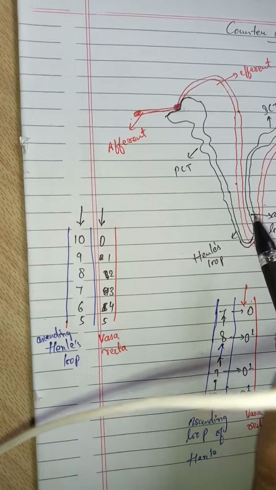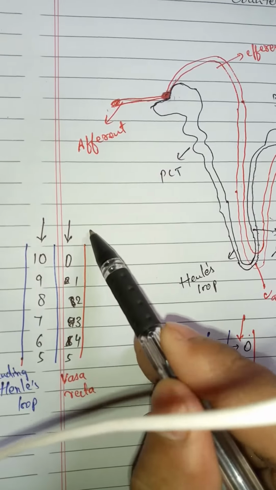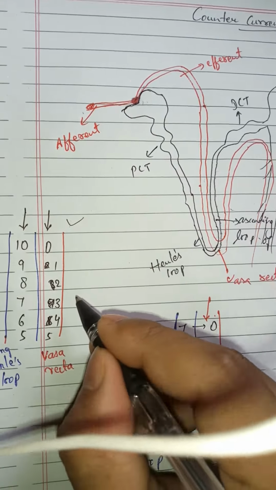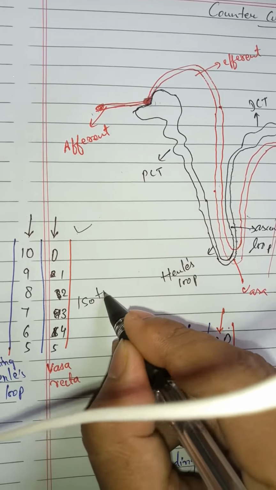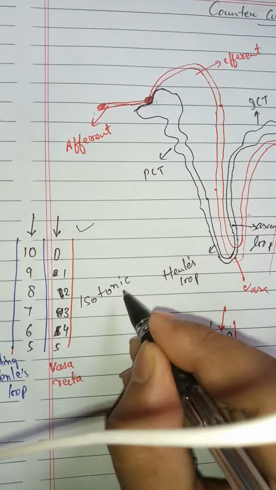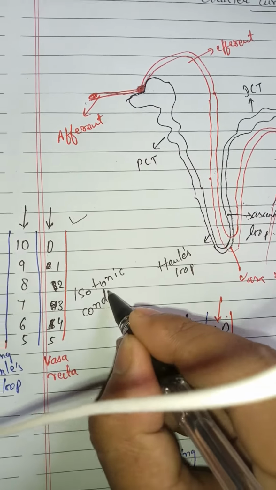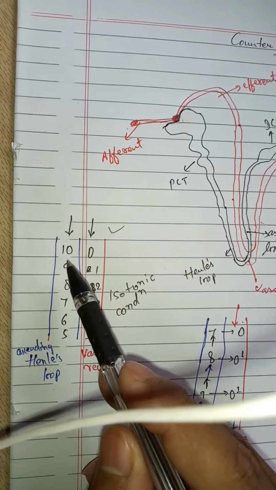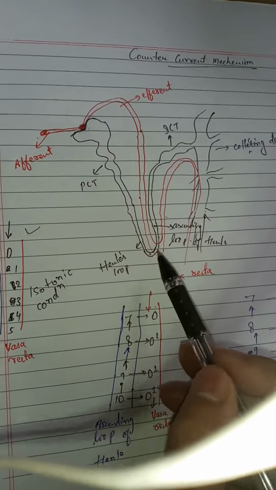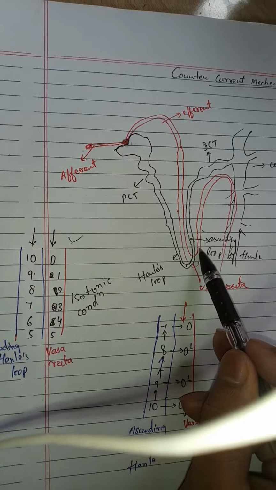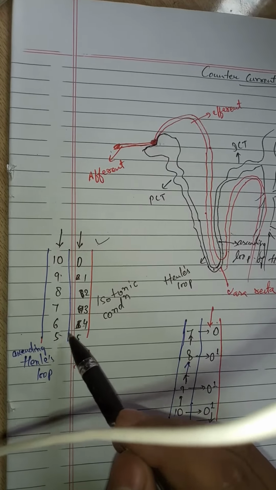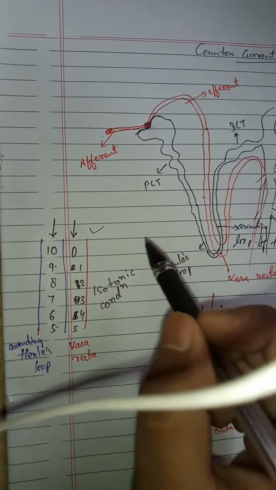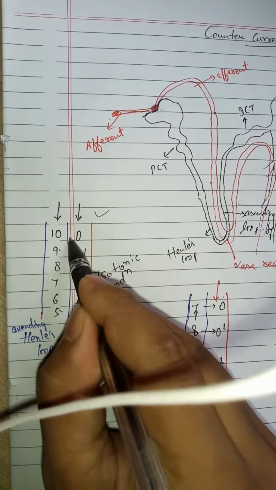If they are flowing in the same direction, then a condition will come that is known as isotonic condition. What will happen in this? If the ascending loop of Henle, this one, and this is the vasa recta, the red one, if both are coming in the same direction, then there will be saturation at one point.